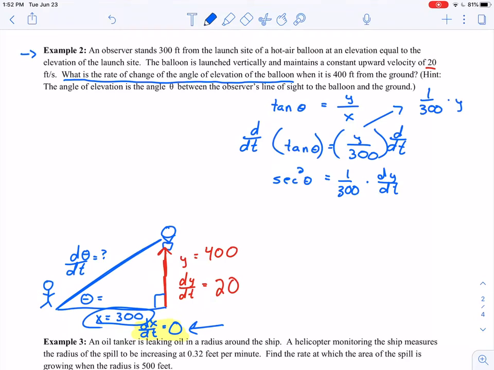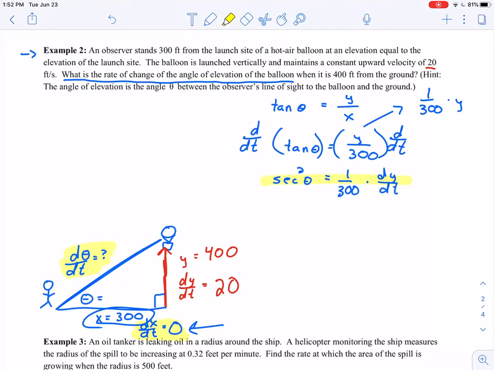I have this relationship here. What am I trying to find? And oops, what did I forget to do? I almost forgot something here. Because the next question I was about to ask myself is, what am I trying to solve for? Well, I'm trying to solve for d theta dt, and look at what I wrote.